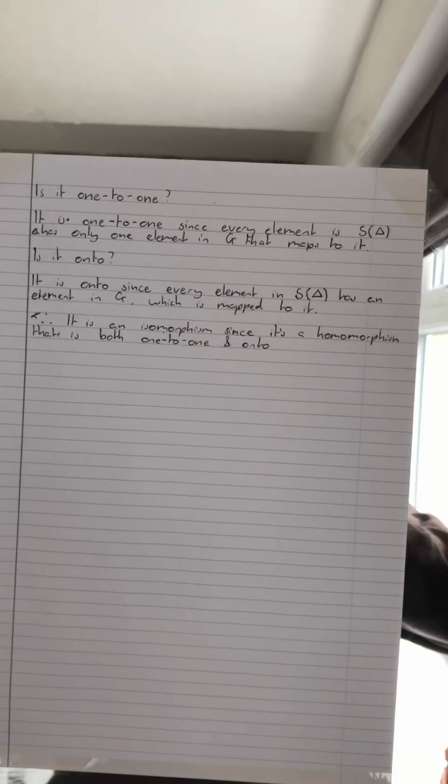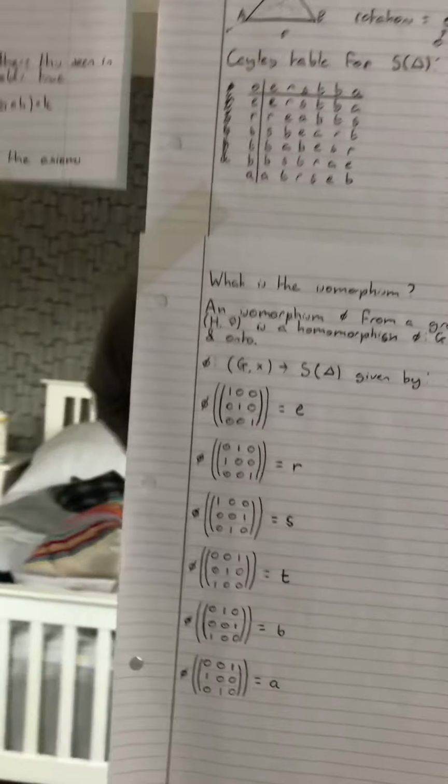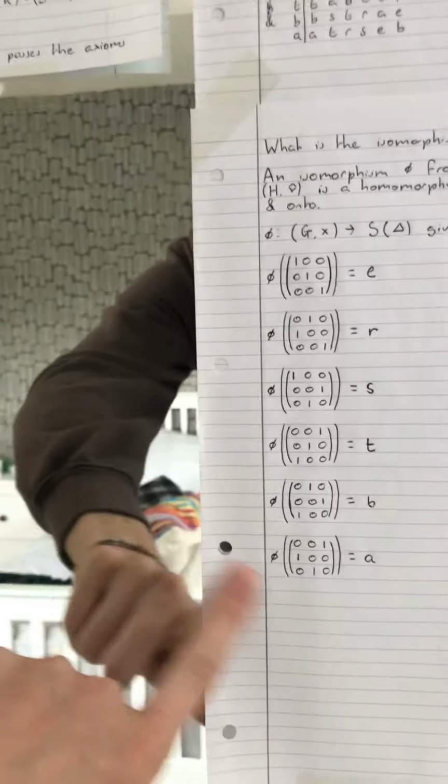It is onto, since every element in the symmetry group has an element in G which is mapped to it. Again, you can see that here. So here's all the 6 elements. Each one has one that is mapped to it. So therefore, it is an isomorphism since it's a homomorphism that is both 1-to-1 and onto.